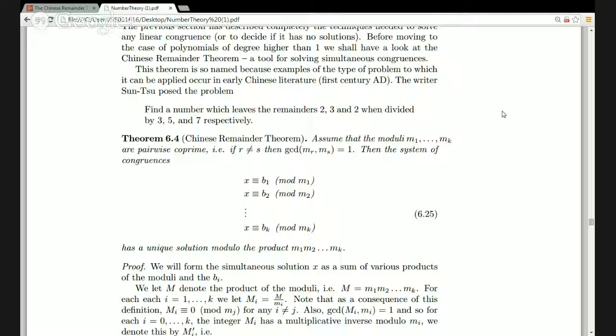But an important condition needed for it is that these individual little moduli you're starting off with are pairwise coprime. Okay? If you don't have the pairwise coprime condition, then the theorem will break down.